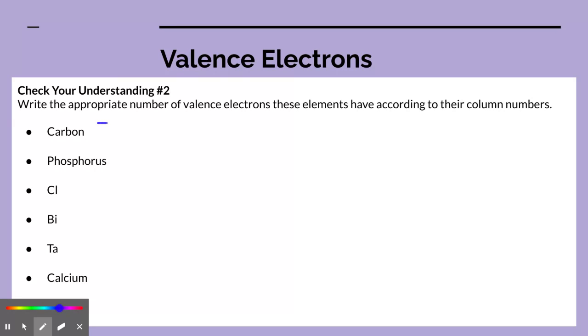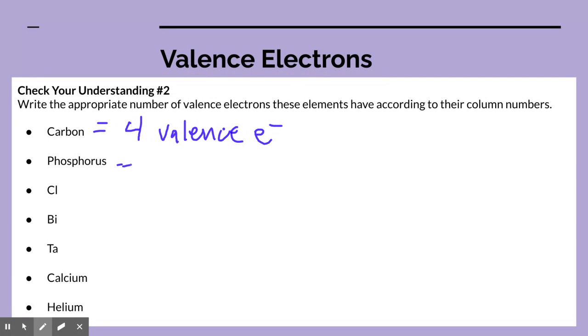Okay, so carbon. Carbon is going to be found in column 4A. So that means that there are 4 valence electrons for carbon. Phosphorus is found in 5A, so that means that it has 5 valence electrons.